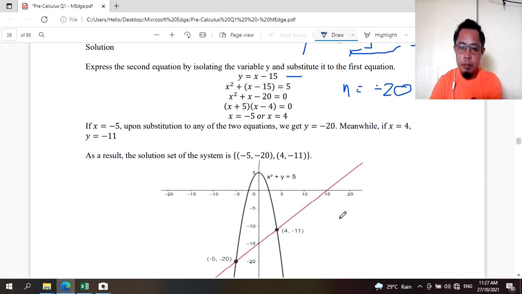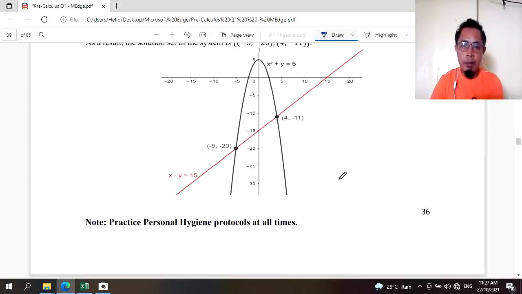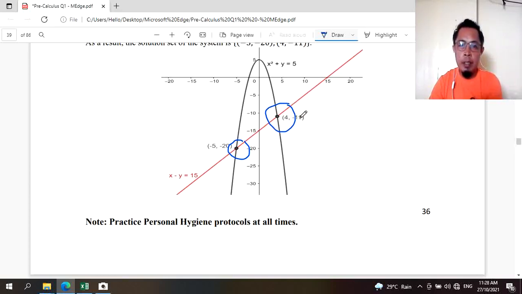The graph is already provided here. We have a parabola and a line. Their intersection is simply the solution. So we have point 4 and negative 11 and point negative 5 and negative 20. So these are now the solution set of this system of nonlinear equations.